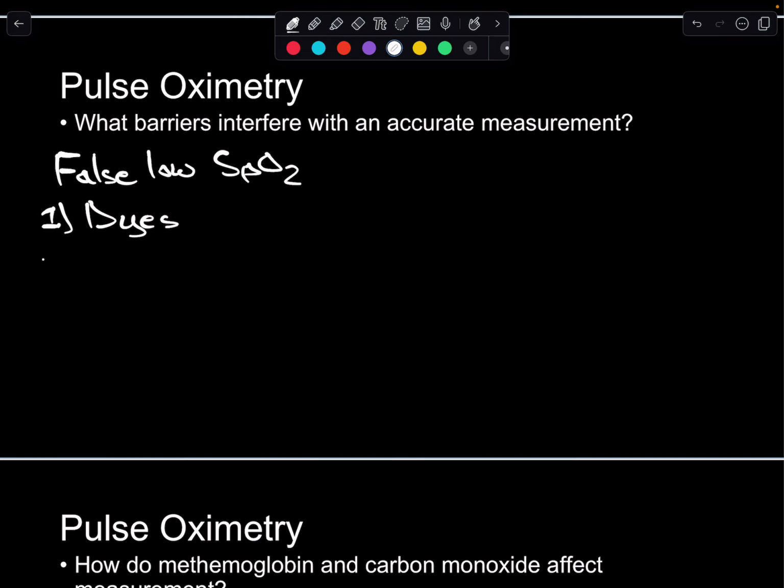Those can produce a falsely low SpO2 reading if those are injected intravenously. Blue nail polish. And then shivering or other motion.